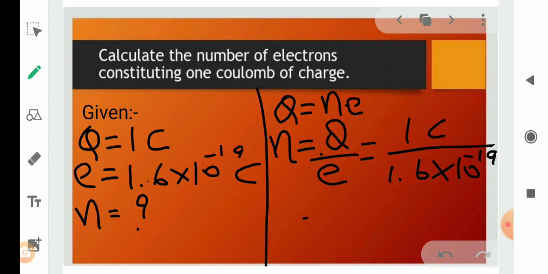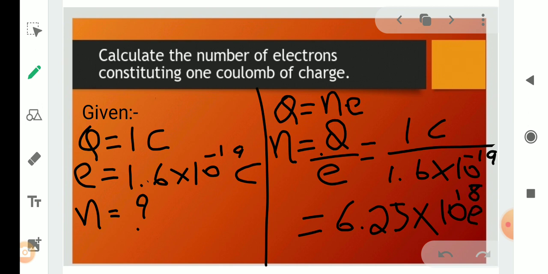So what happens? Which is equal to 1 divided by 1.6 into 10 raised to minus 19. So if you divide, we are going to get it as 6.25 into 10 raised to 18 electrons.